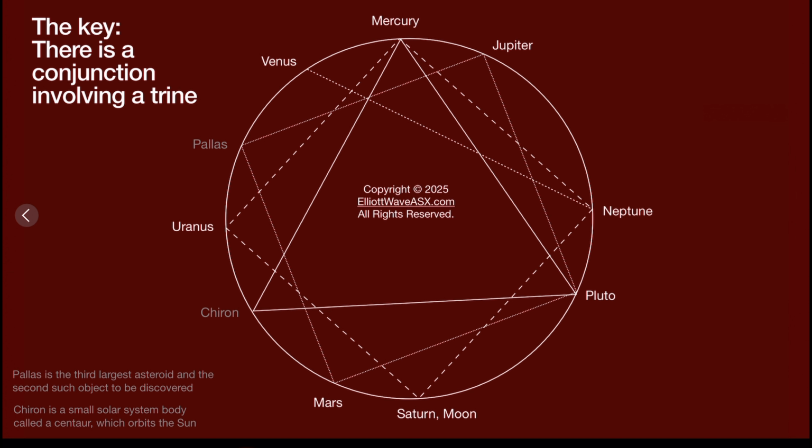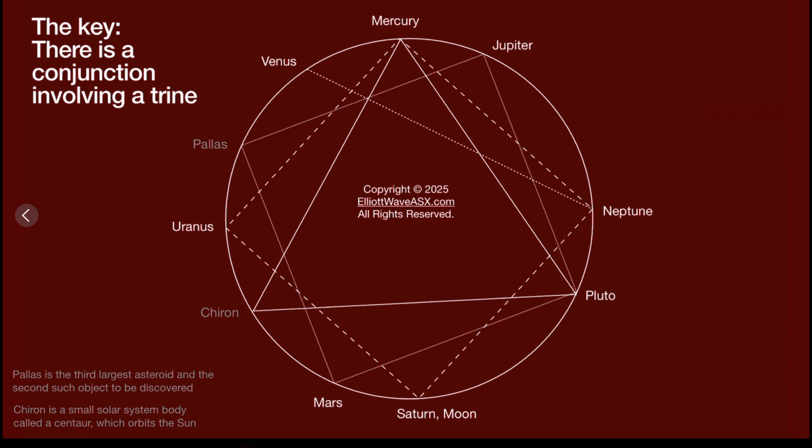Now it's pretty confusing at first, but I've changed the lines so some are dotted, some are dashed. There's no meaning to that, that's just to make it a little bit easier to make the shapes out. On this date we've actually got two grand squares and a grand trine.